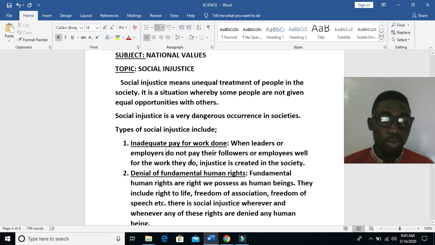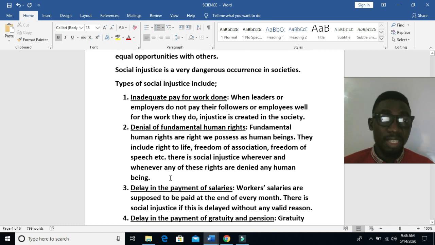So when someone has worked for a particular leader or a boss or an employer, and the person is not paid as much as he should be paid, such treatment is a form of social injustice because such person is being cheated.